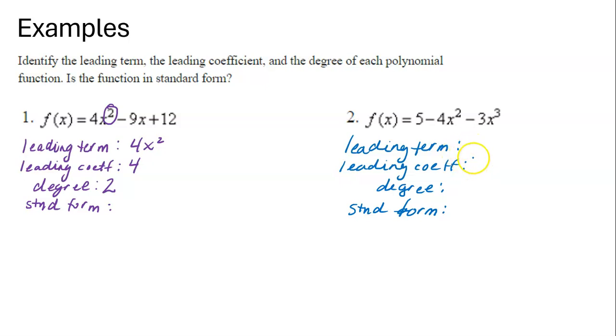But the leading term for us is negative 3x cubed. Even though it's not in the front, it's the one with the largest exponent. And the leading coefficient is negative 3. The degree is 3 because it's x cubed. And this is not in standard form.